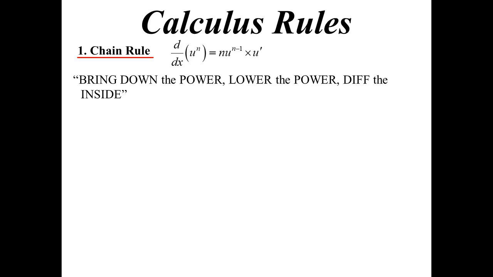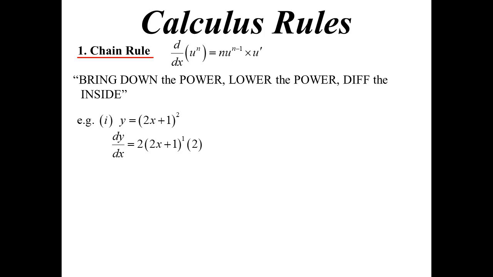Okay? But one of the reasons I think of it like that is because really I do it as I say it. So here's one we looked at before, but we had to expand it out. The reality is I probably would expand this one out anyway, because it's quite simple, but let's pretend we're not going to expand it out. So differentiate, bring down the power, the 2 comes to the front. Lower the power, so now I change the 2 to a 1.